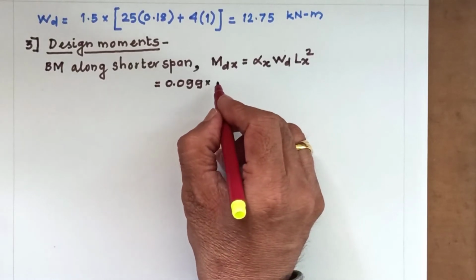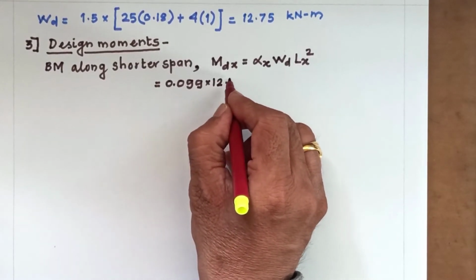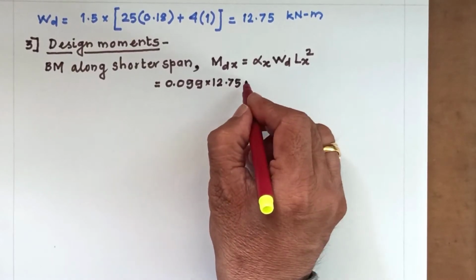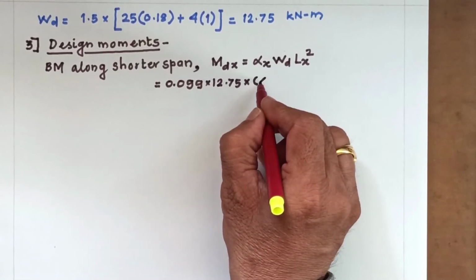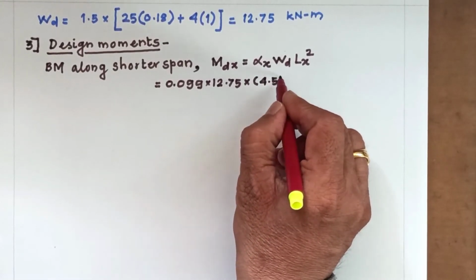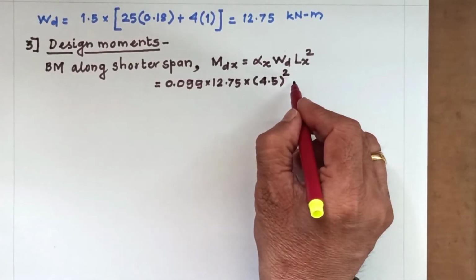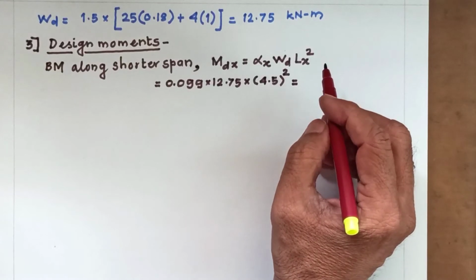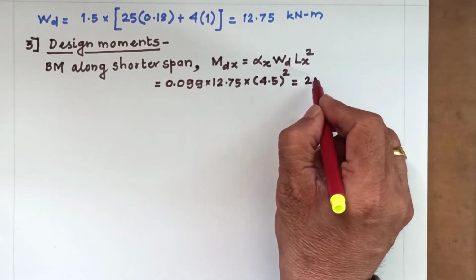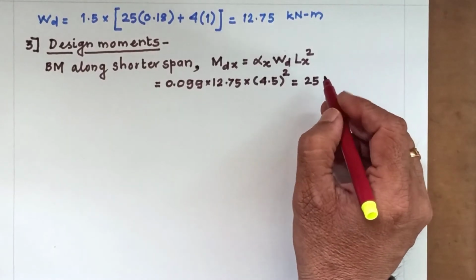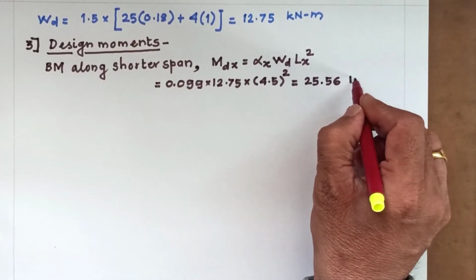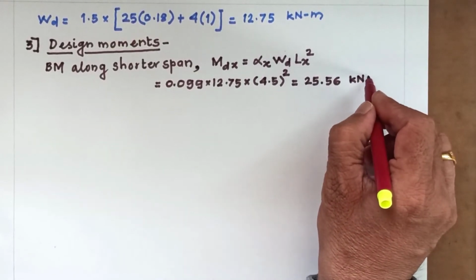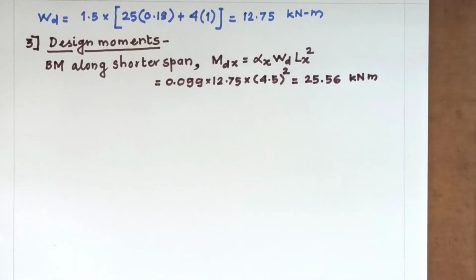WD is 12.75 into Lx square, that is 4.5 square, which comes out to be 25.56 kilonewton meter. This is the design moment along shorter span. Okay.